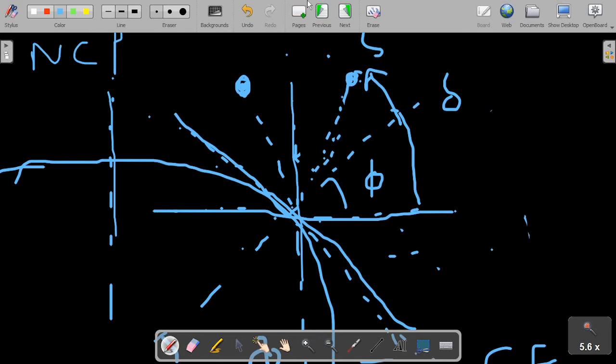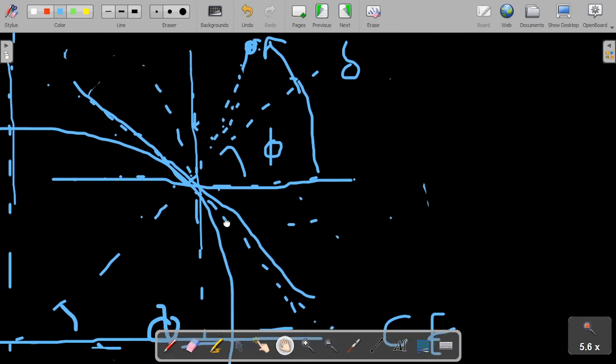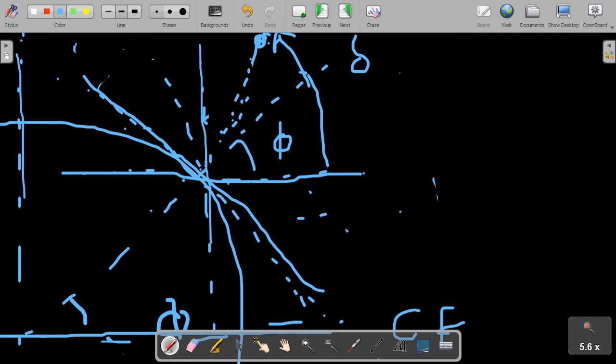Now suppose the max altitude of this star is A max. Sorry, I already drew a star there. Need to write this again. Sorry about that. Okay, so the latitude of the observer, let's assume it's phi.